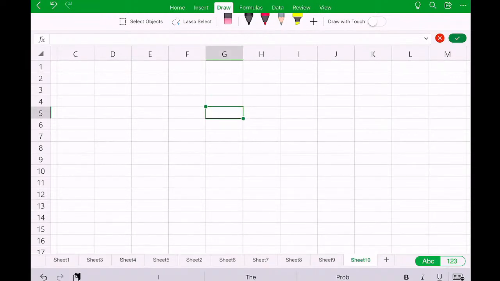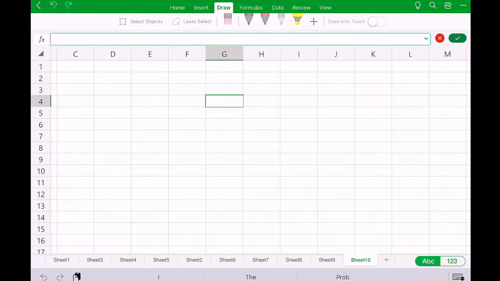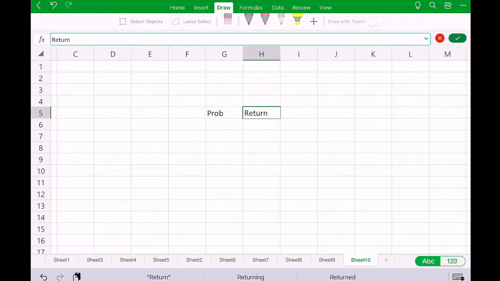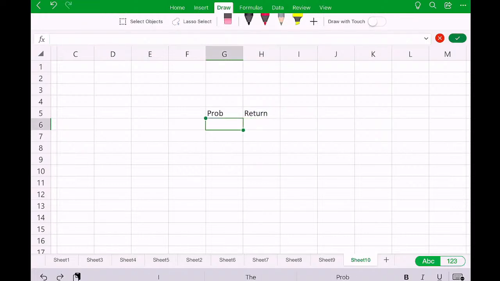I'm going to put the probabilities here, and then the return here. So the probabilities are 0.25, 0.5, and 0.25.